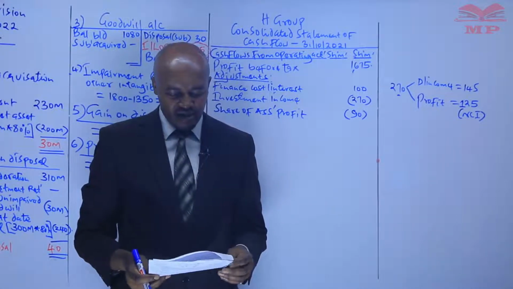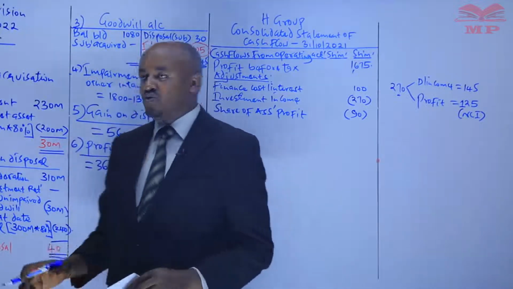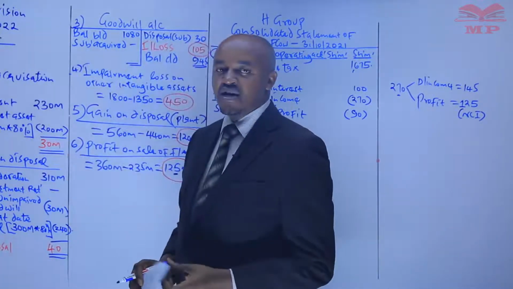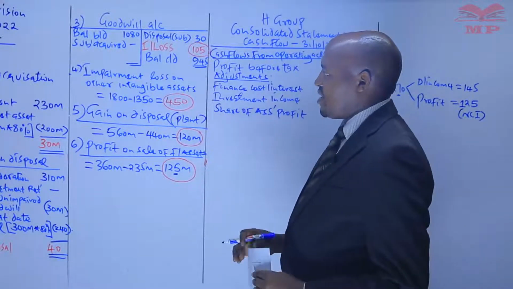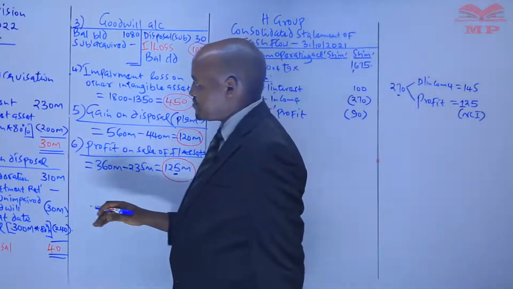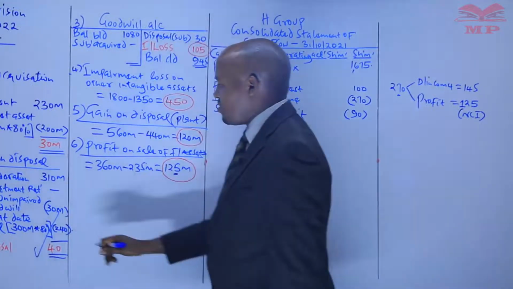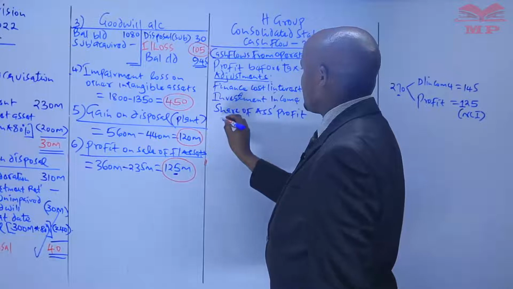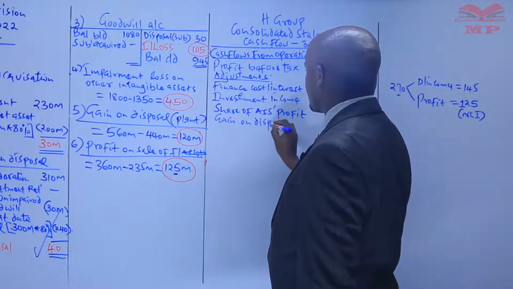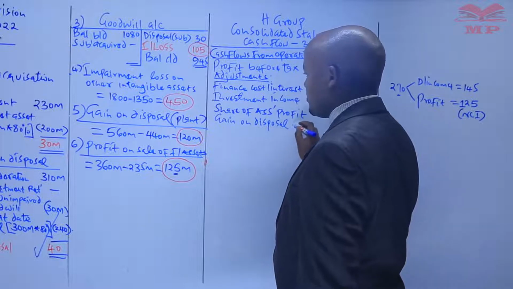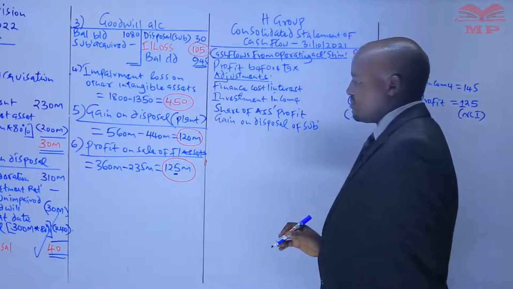Now from there, we can proceed and go back to our workings here. So which items do we pick here? Maybe from this working 2, we have this gain on disposal of subsidiary.